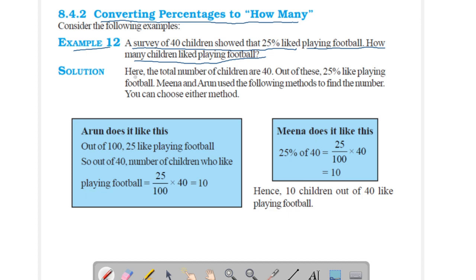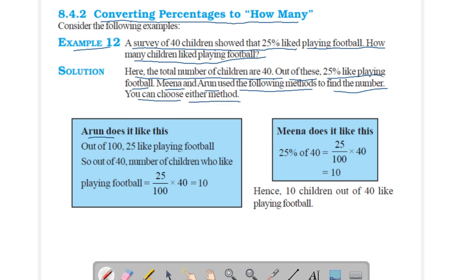See the solution. Here the total number of children are 40. Out of these, 25% like playing football. Meena and Arun use the following methods to find the number. You can choose either method.